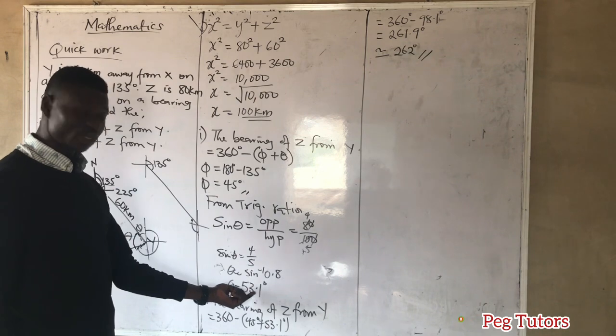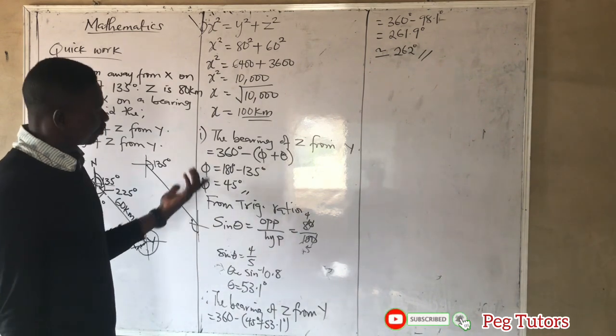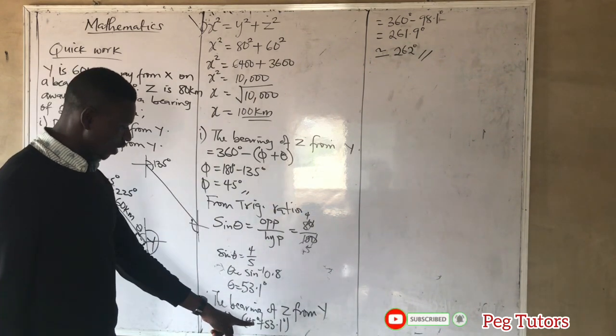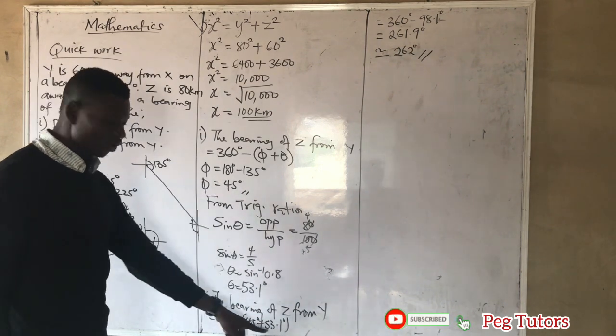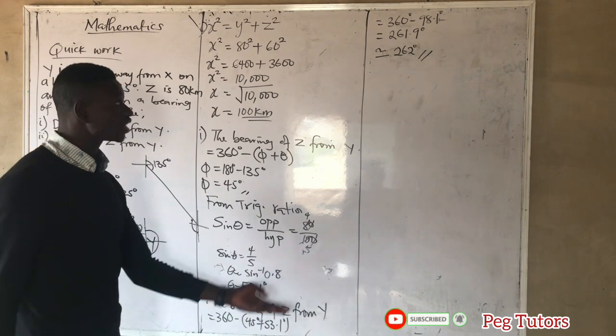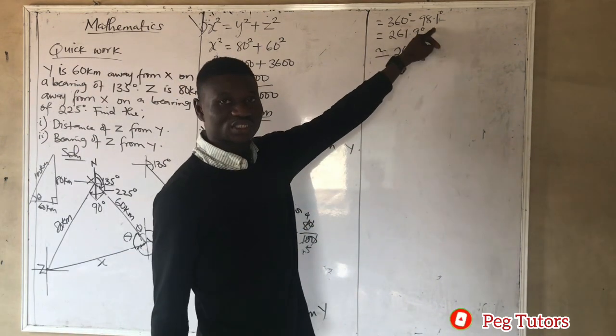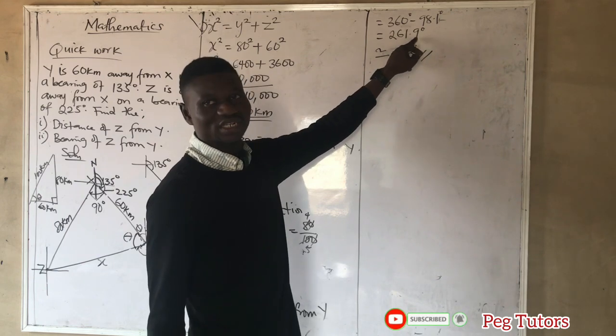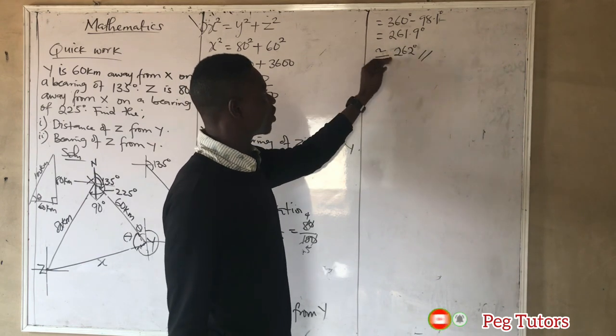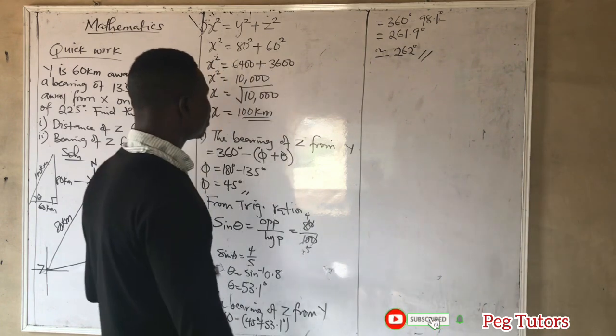So you have theta as 53.1. Then our bearing will be 45, which you already found before, plus 53.1. If you add it up together, that gives us 98.6. Subtract it from 360, that gives us 261.9 degrees, and approximately that is 262 degrees.